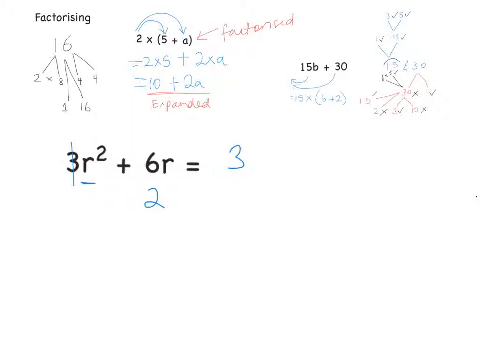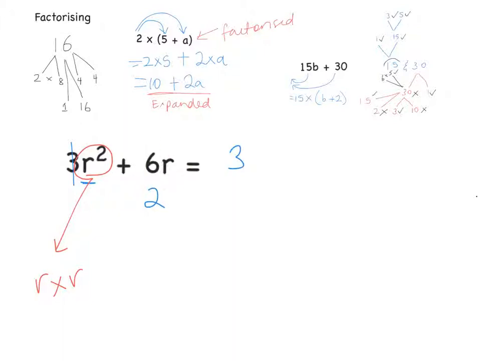And remember this R squared here is just R times R. So we have R times R here, and we have 6 times R here.